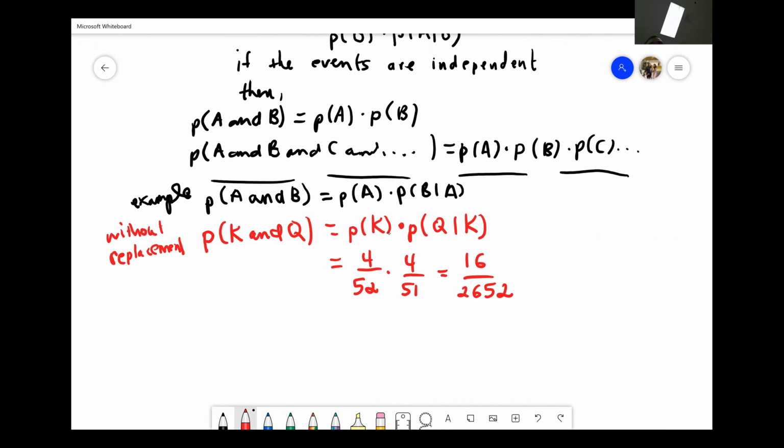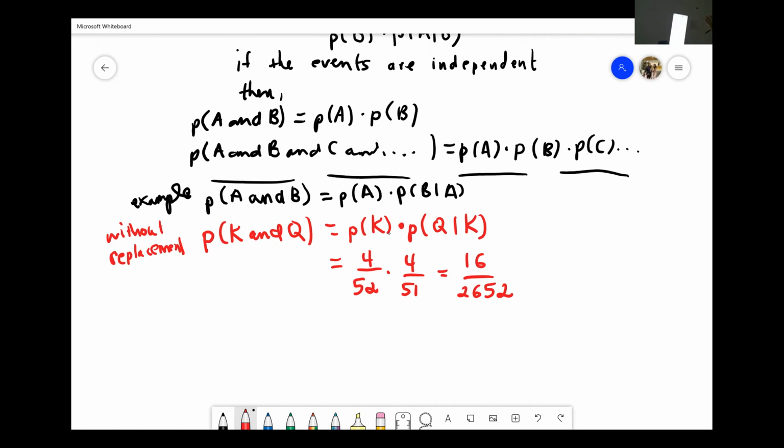Now, before I continue, I want to tell you right now that that rule is just the multiplication rule, the counting rule. It's a fancy way of doing counting. Look, think about it. I could pick a king of hearts and a queen of hearts, or a king of hearts and a queen of diamonds, or a king of hearts and a queen of spades, or a king of hearts and a queen of clubs.